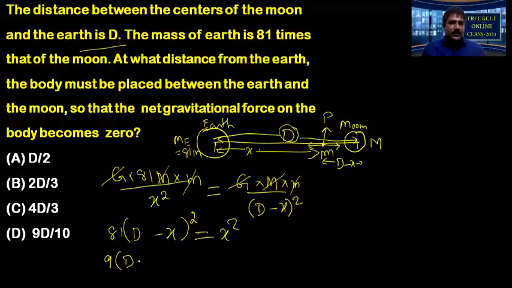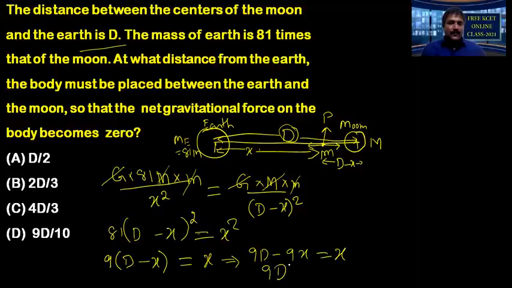So 9 into (d minus x), taking the square root on both sides, becomes actually plus or minus x, but I will take plus x. Which gives you 9d minus 9x equal to x. So 9d equals 10x, which implies x equals 9d by 10.